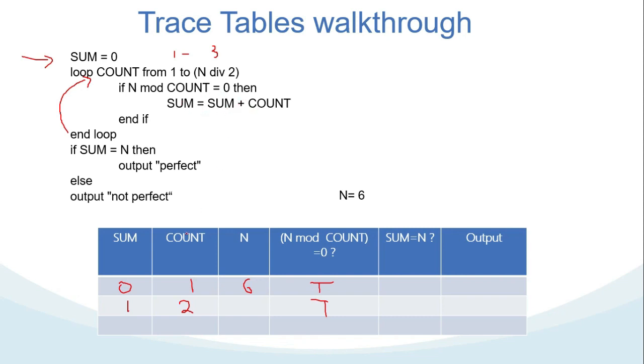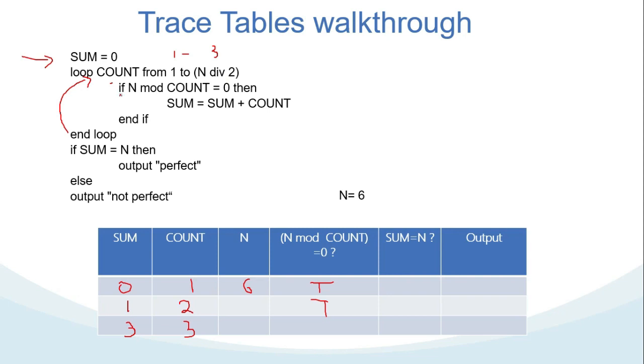We have sum, which is 1, plus count, which is 2, becomes 3. We put it under sum. Our sum now is 3. Now we read the end if, read the end loop, it will take us back to this. Now our count is increased by 1, so our count now becomes 3.